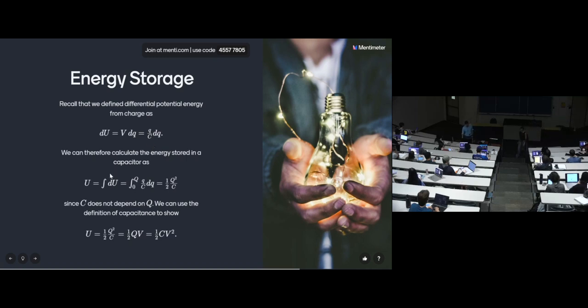Therefore, you can take the integral and you end up getting that the potential energy stored on a capacitor goes as 1/2 Q squared over C, or using the relationship between Q, C, and V, the electrical potential energy is 1/2 Q squared over C, 1/2 QV, or 1/2 CV squared.